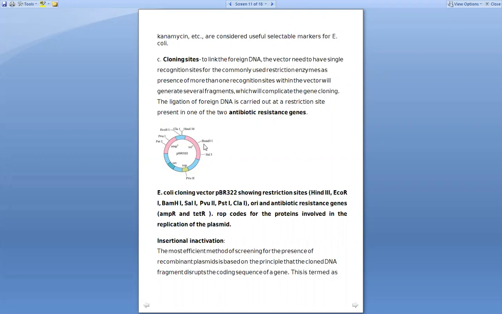The portion between these two sites, where I'm showing the cursor, is removed, and the removed portion is filled by the gene of interest. After that, the ligation takes place through DNA ligase. Now I have this whole cloning vector containing my gene of interest. But here, a portion of the tetracycline resistant gene was there, and in the middle of that I now have my gene of interest.